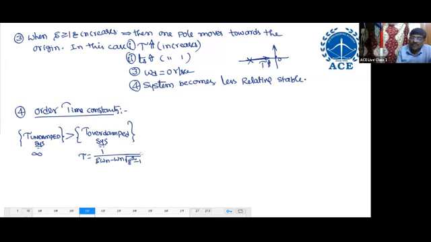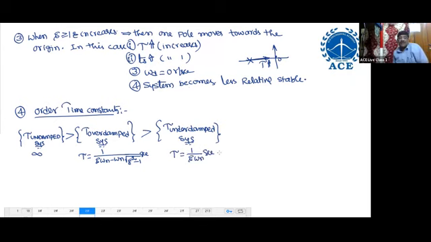This is the overdamped system. Next highest is the underdamped system. What is the time constant for underdamped? 1 by zeta omega n.